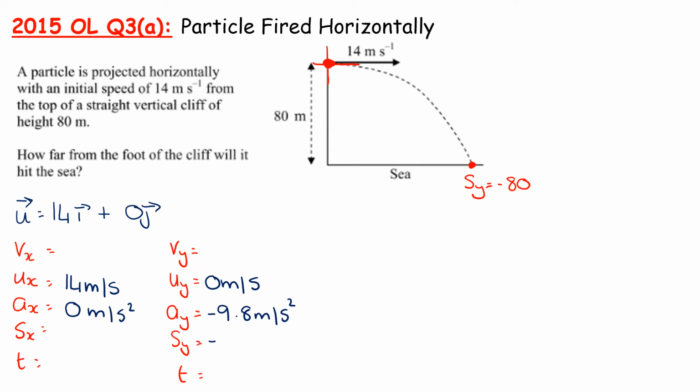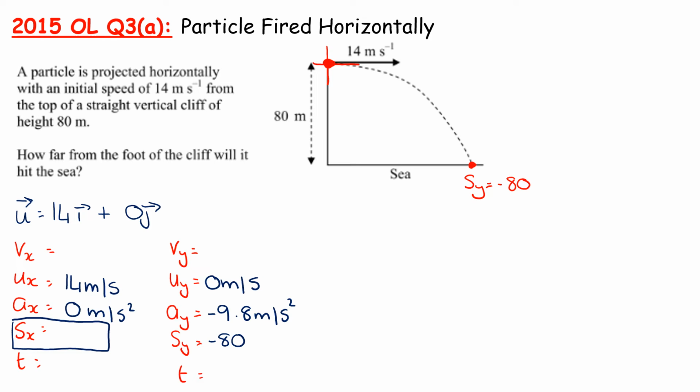I have no idea what my SX is. That's actually the question. It says how far from the foot of the cliff will it hit the sea? So that's what I'm looking for here. That's my SX. And I'm looking for that SX when SY is equal to minus 80. So how we approach a question like this is we don't have enough information in the x direction to work out SX.